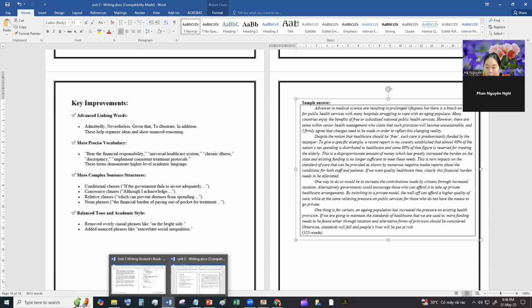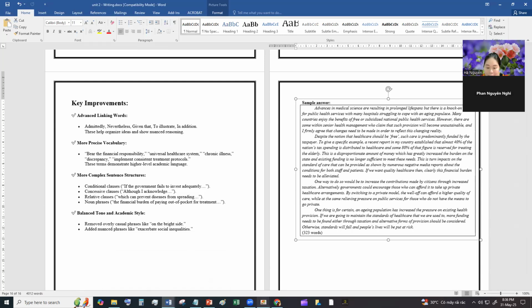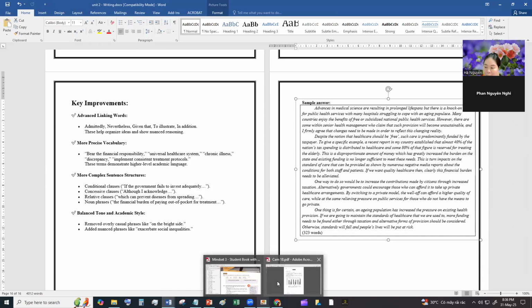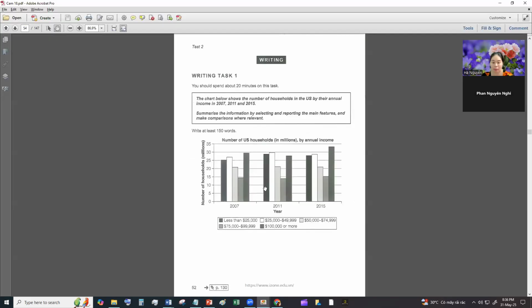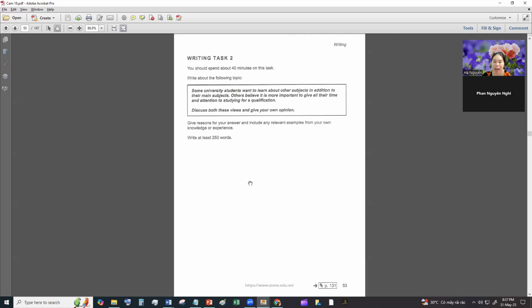Okay, so now it's our time to have a look at the practice test. All right, so today we have two tasks. Task 1, a bar chart, and task 2, a discussion task, essay question.